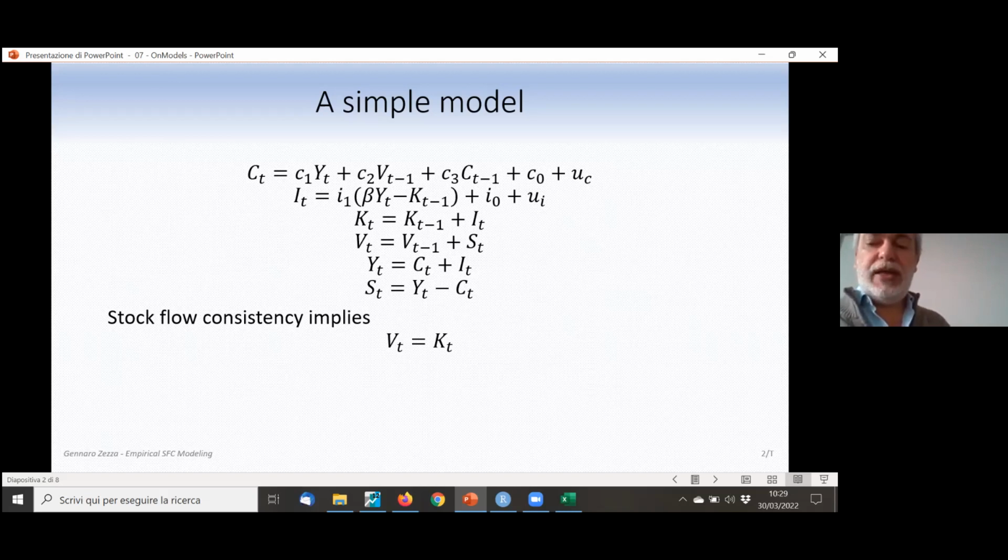Now, when you do that, the system becomes completely recursive. So each equation can be obtained only from the exogenous and lagged variables, and you can always solve it. What Godley taught me is that this is a way to go if the model is misbehaving. The model may be misbehaving also because, let's say, you have both the Keynesian multiplier and an accelerator.